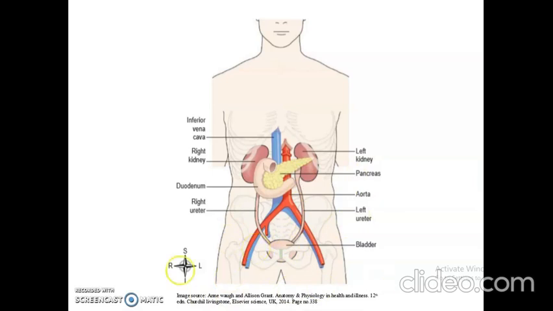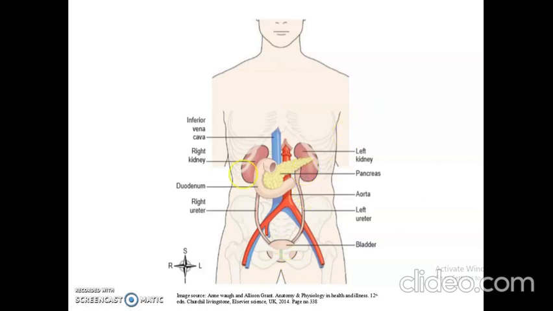Temporarily it stores the urine, and by the micturition process the urine is excreted to the exterior through the urethra. So this is about the organs of the urinary system and their functions.